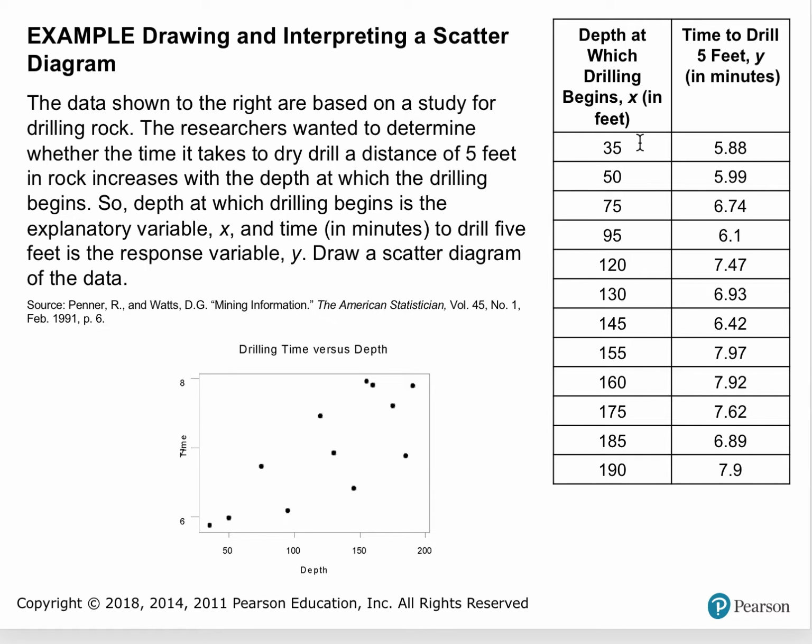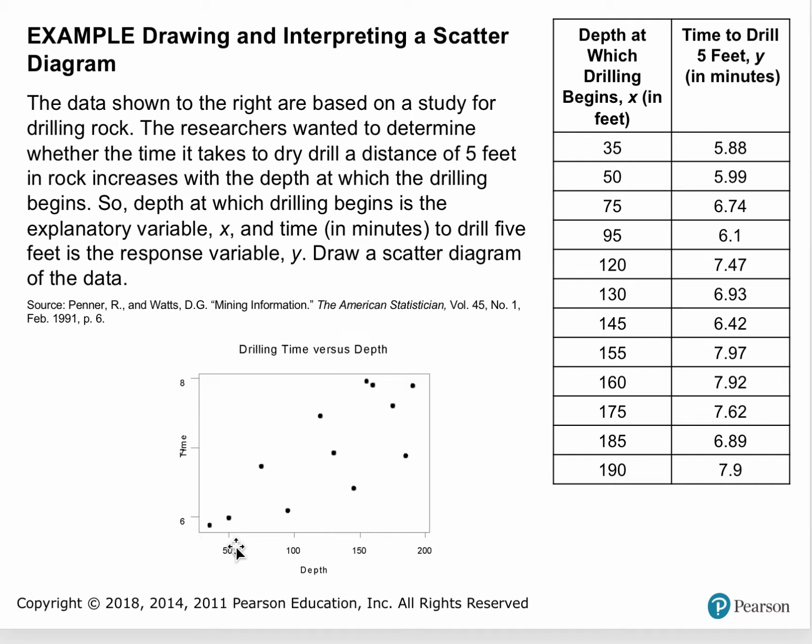We go over here, we notice our x's go from 35 to 190, so they've got a scale from about 50 to 200. Okay, and we go to 8, maybe close to 6. So notice they go 6, 7, and 8. And you just plot a point. Okay, x is 35, y is 5.88.